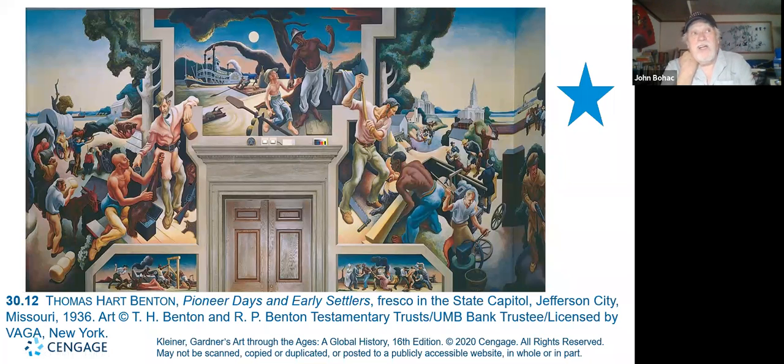One is it's kind of propaganda to some extent, but the other is that this was the Depression. And one of the things that the government was doing at the time was commissioning artists, paying artists to put murals in public buildings.